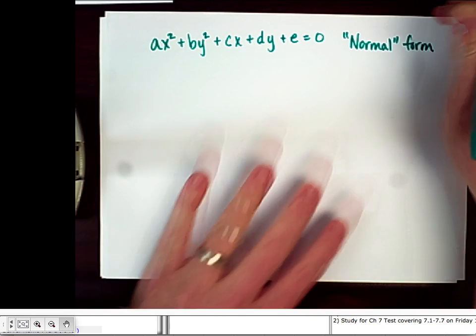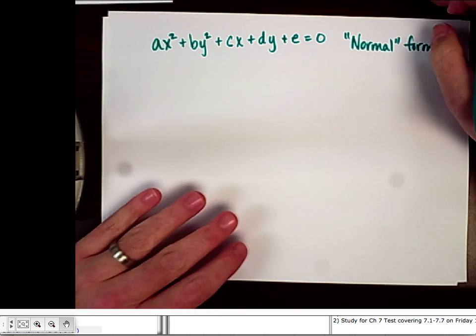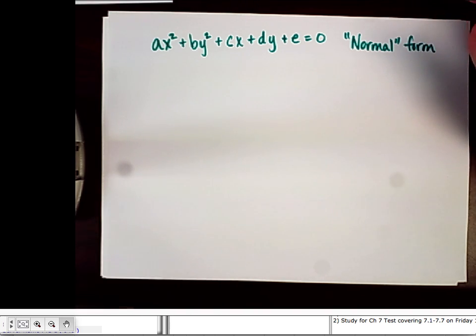That's not a term used in your book. That's one I made up just right now. Really, that's a fancy way of saying get everything on one side equal to 0.